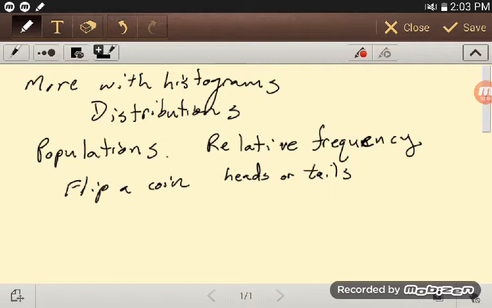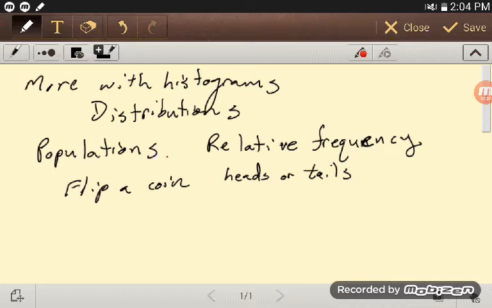And in the case of flipping a coin, in a population like that, it really does make sense to talk about a relative frequency, because you want to think about what my possible outcomes look like relative to each other.